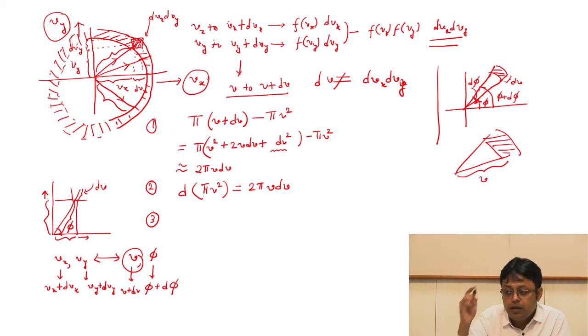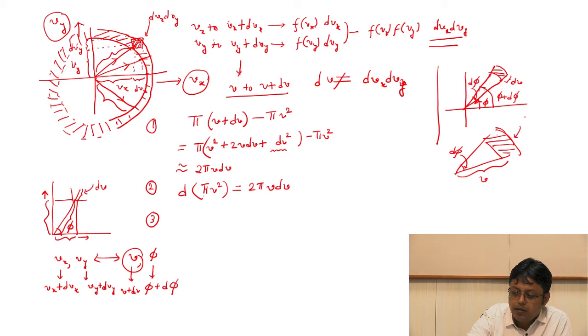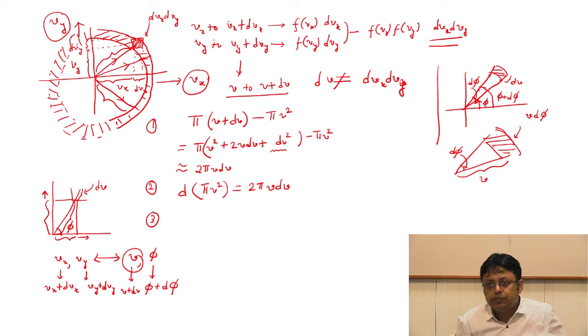So if this is v and this angle is d phi, and if d phi is small, then you can approximate that this arc length will be nothing but v into d phi.